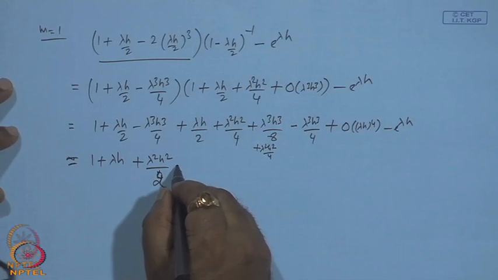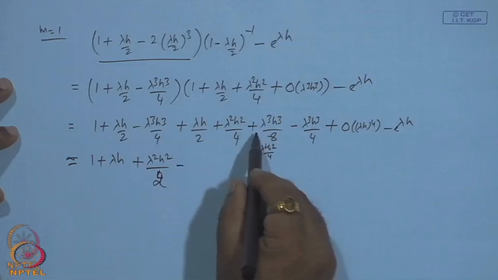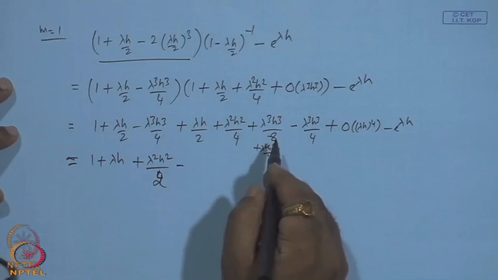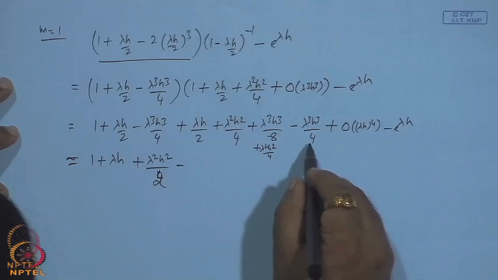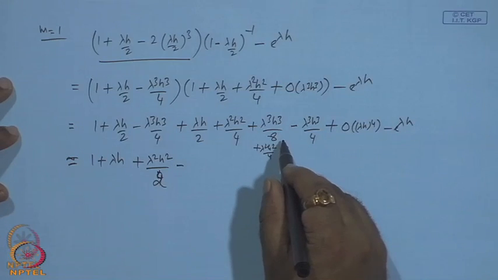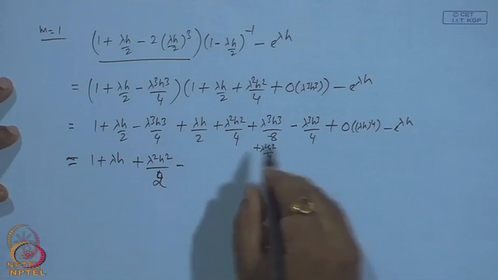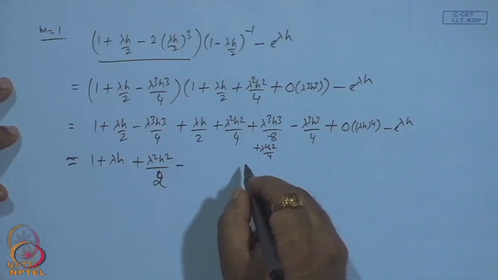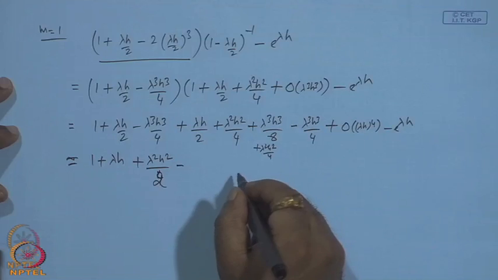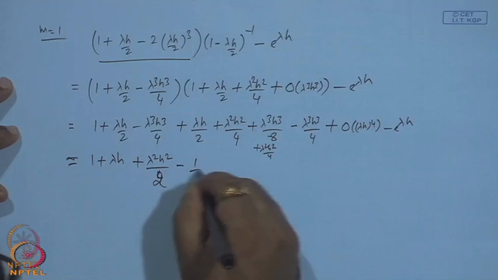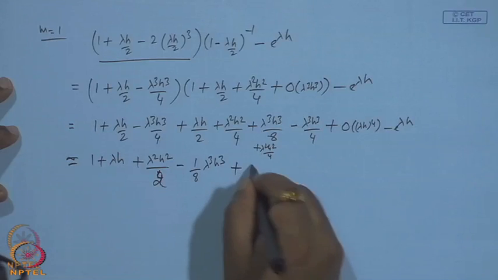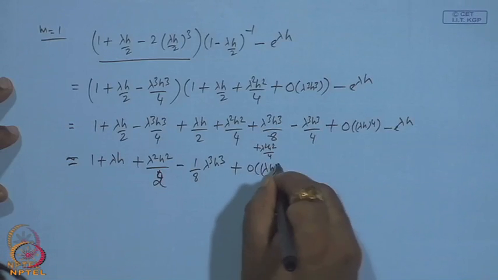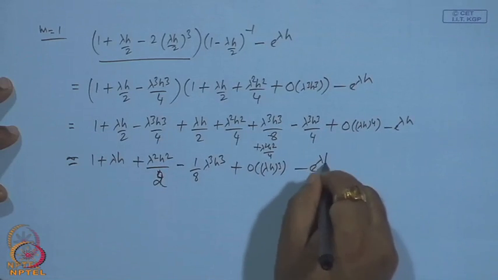Then from these two we get minus 1/8. You may check if I am making a mistake with the coefficients, but this tells the procedure.